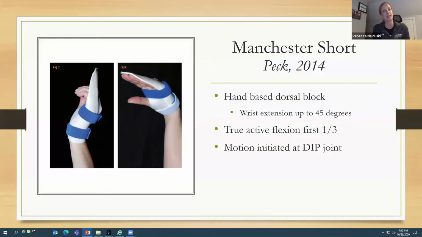So this is basically a hand-based dorsal blocking splint that allows wrist extension up to 45 degrees. Fiona in this article recommended true active flexion up to the first third of motion, with that motion being initiated at the DIP joint. Next slide, please.